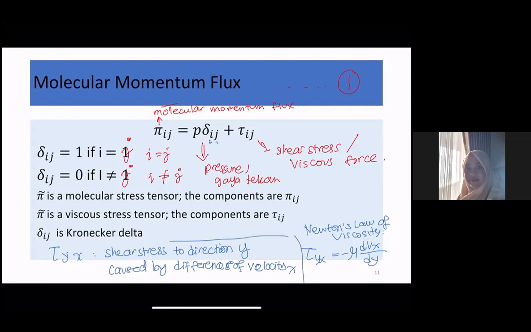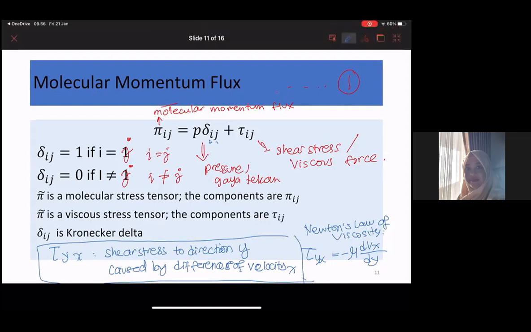Okay, I think that would be okay. So the first letter tells you about the dy, the direction perpendicular to that one there, and then the x tells you about the direction of velocity.